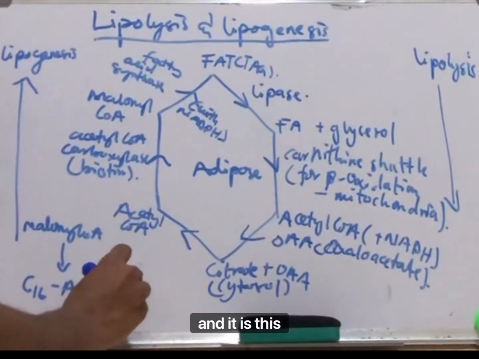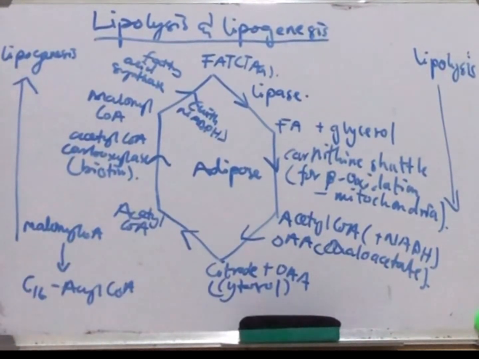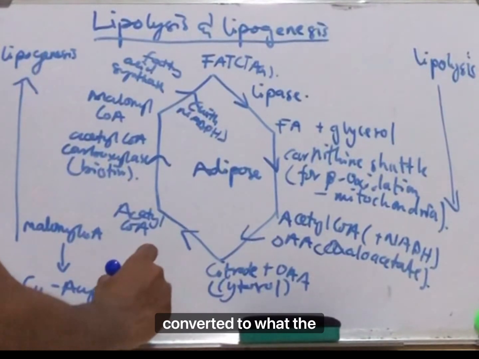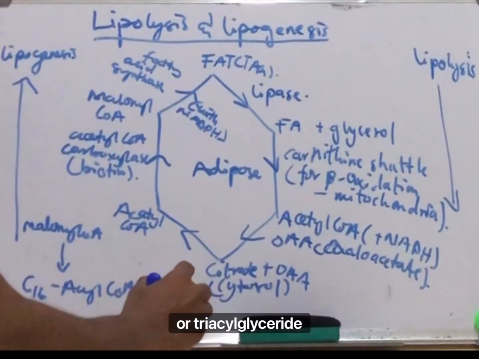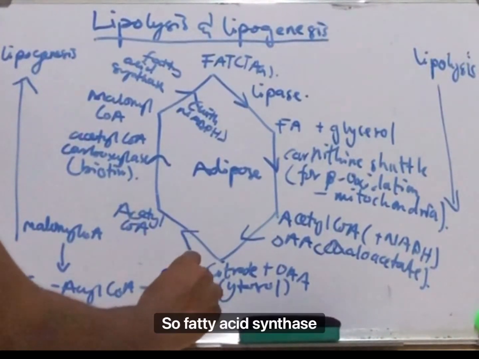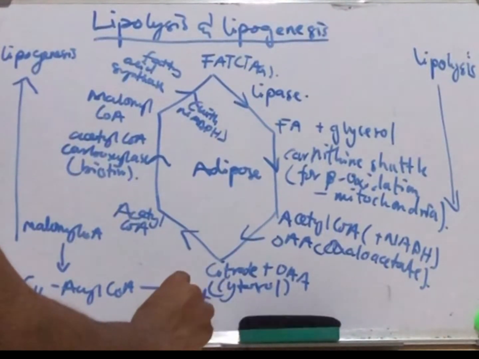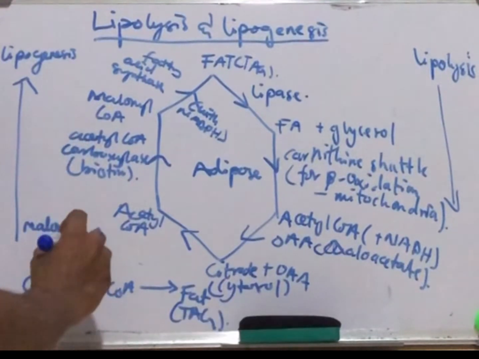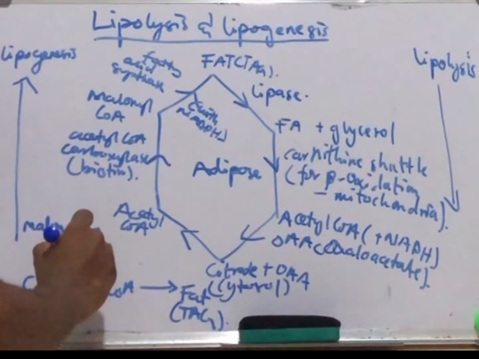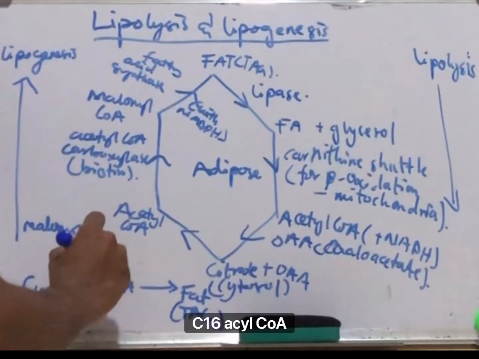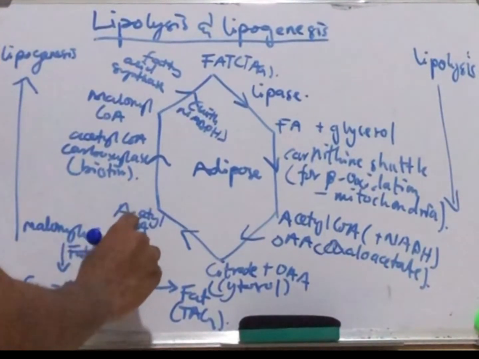And it is this C16 acyl CoA that will be converted to what? The fat, or triacylglyceride. So fatty acid synthase will act on malonyl-CoA to convert it to the sixteen-carbon compound, that's C16 acyl CoA.